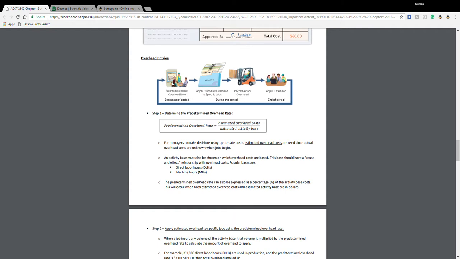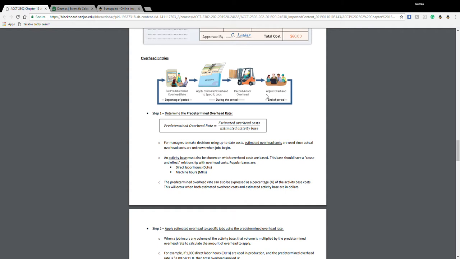So we actually have a cycle that ends up happening. One, we set the predetermined overhead rate. That's at the beginning. We apply estimated overhead to specific jobs, and then we record actual overhead as it goes on, so during the period. And then at the end of the period or end of the year, we tend to adjust overhead.